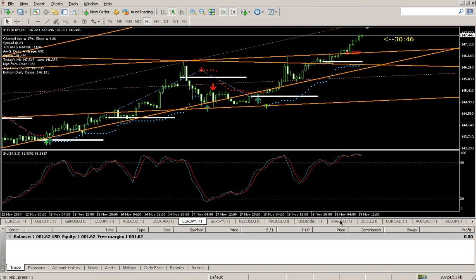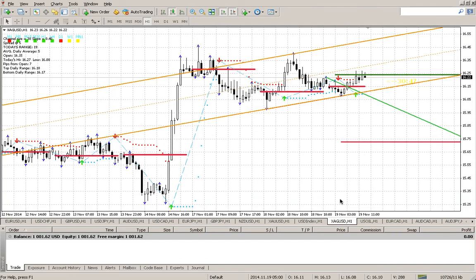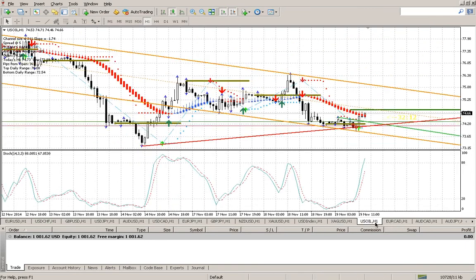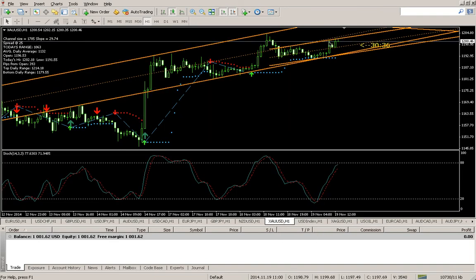Also, I have signals for gold and silver, the commodities, and oil. On a daily basis, we analyze when we have a good chance to enter the market. I recommend you buy at this price or enter at the market price, and keep the TP and SL at this point, and you just enter the trades and make profit.